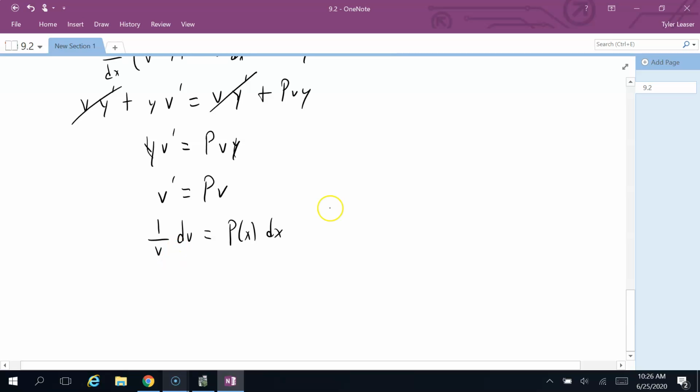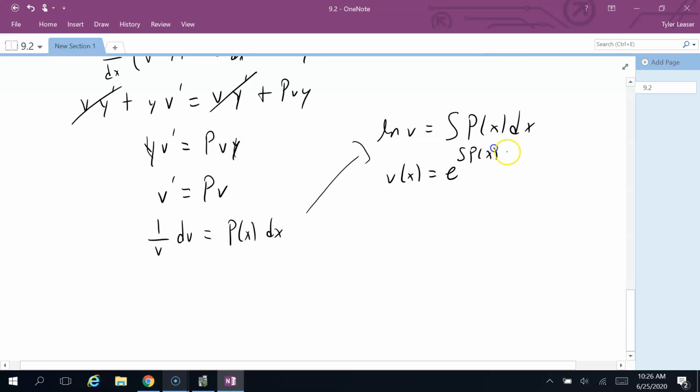Now we're just doing the separable thing, so we're going to integrate both sides. That left-hand side becomes the natural log of v. The right-hand side is whatever the integral of p of x dx is. We don't know because we don't know what p is. If I then want to solve for v, I would take e to the power of both sides.